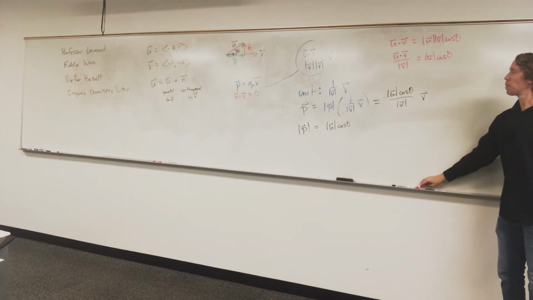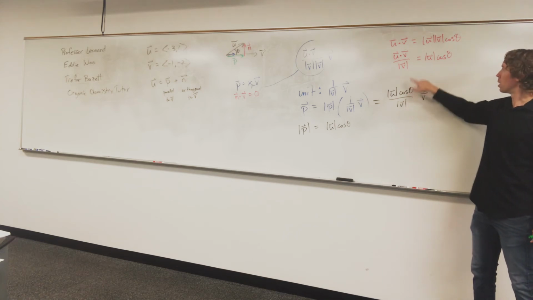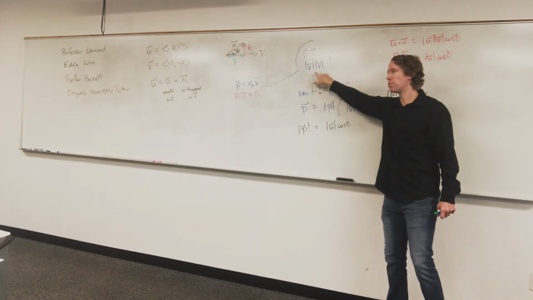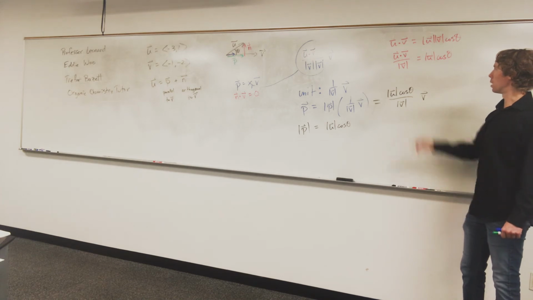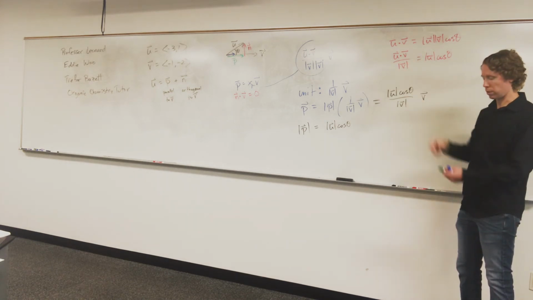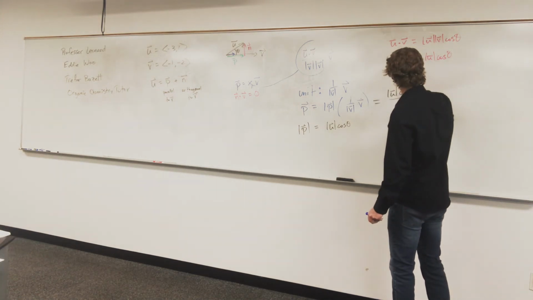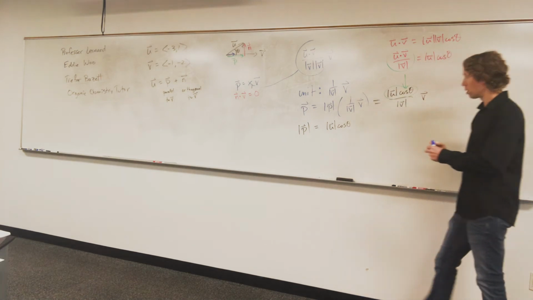And now, if I plug this in for this, then in the denominator I get 2 length of v's, and that's where this is coming from. And in the numerator I have length u times length v. So just plug this in for this, and you get the correct scalar.